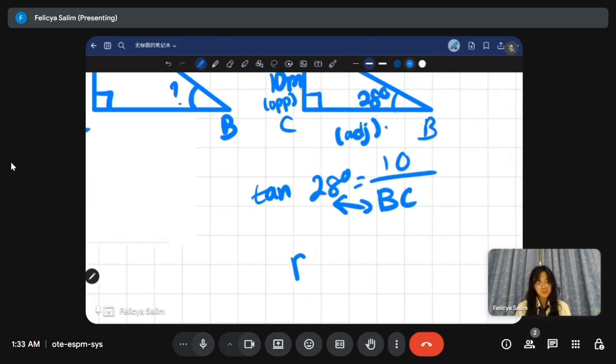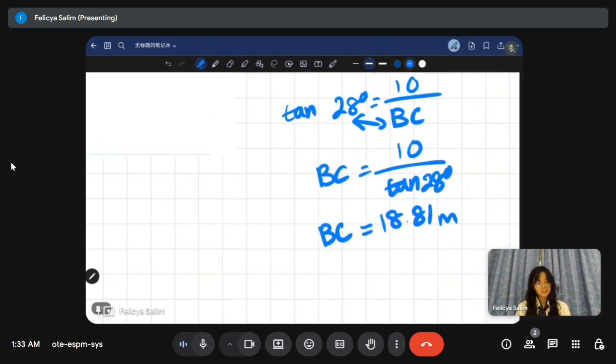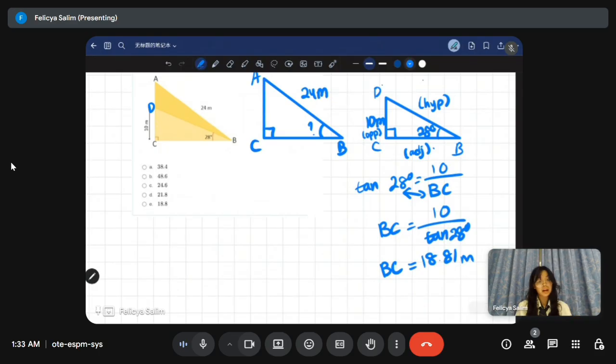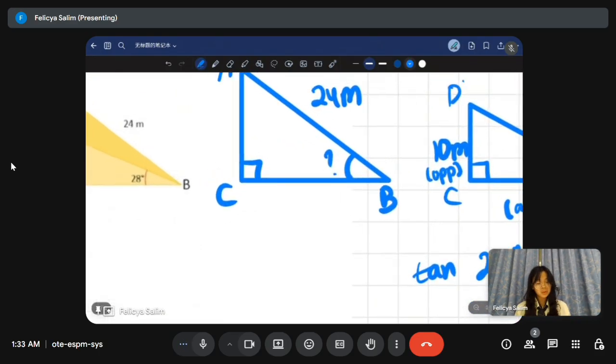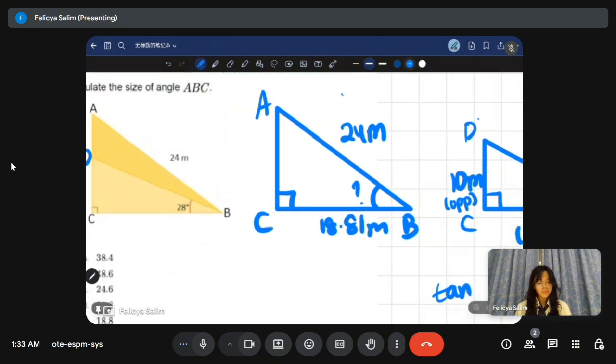You switch tan 28 and BC, you get BC equals 10 divided by tan 28 degrees. You input this into your calculator, you get the answer is 18.81 for BC only. We're going to round it off to 4 significant figures so that it will be more accurate for the final result. Then, you input BC equals 18.81 meters here.